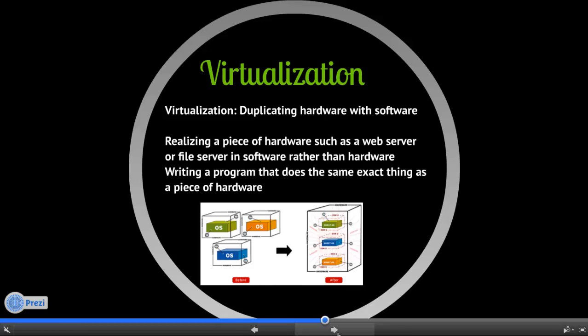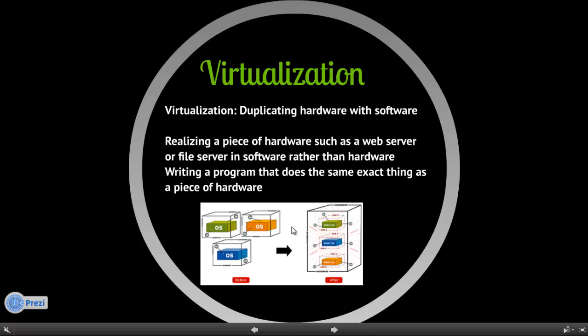You can write a program and make it as software, and use it as what the hardware is, with the hardware working the same. I'm reading this so you can understand. Virtualization, duplicating hardware with software, writing a program that does the same exact thing as the piece of hardware.